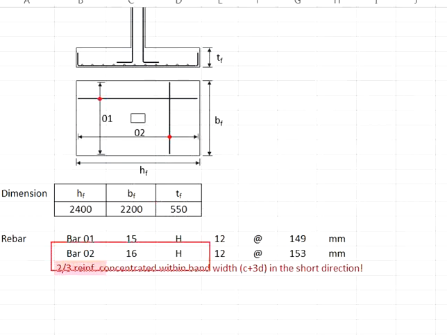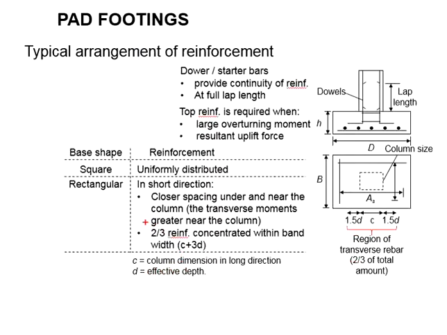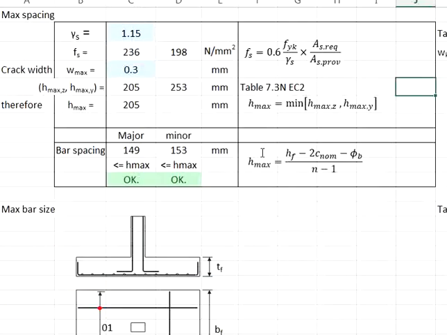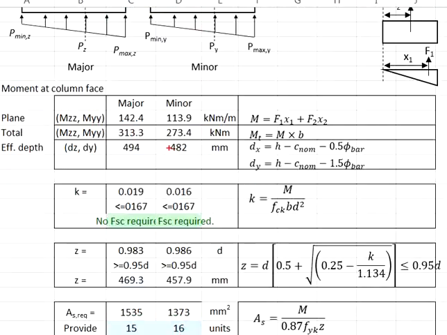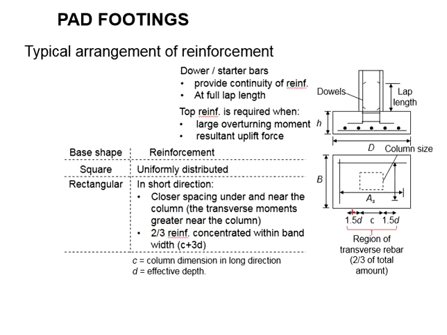The proposed amount of reinforcement bar in the shorter direction shall have 2/3 of the reinforcement concentrated within the bandwidth of C plus 3D. The meaning of C plus 3D is the width of the column plus 1.5D at both sides. The D in this case, in the minor axis, it will be 482 mm. 1.5D is equal to 723.